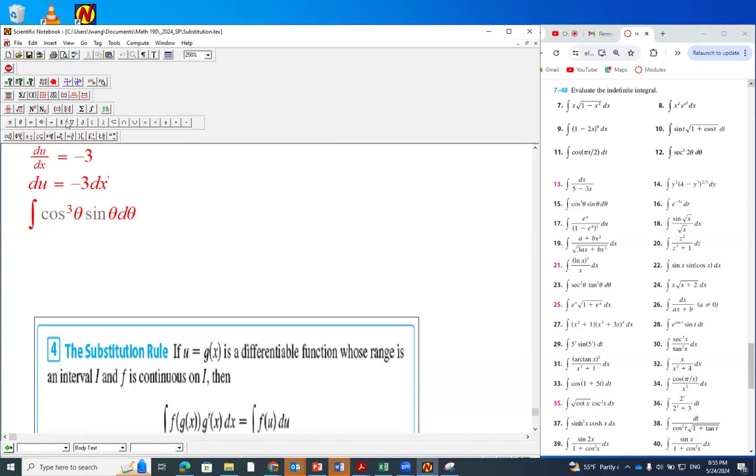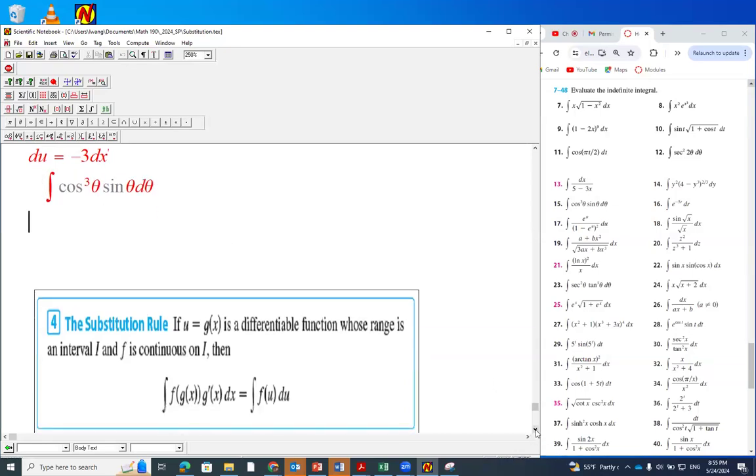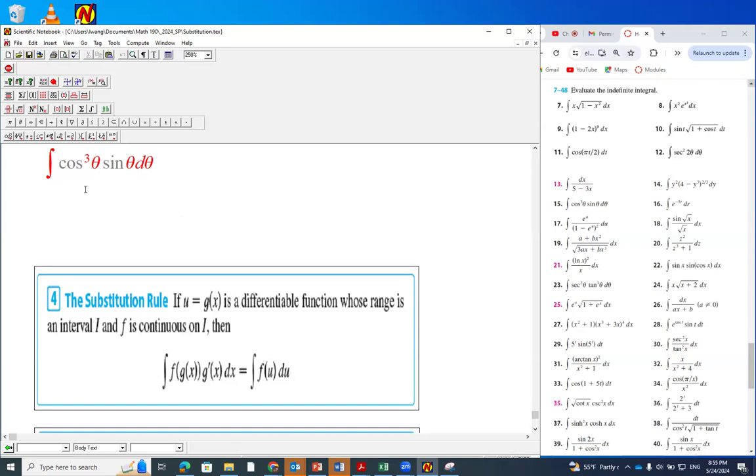So how do we do the substitution? Obviously, we need to do something, otherwise it's pretty hard to integrate this, right? So we are going to assume u equals cosine theta.